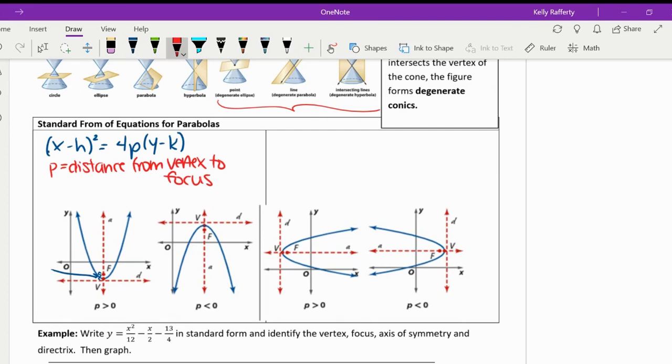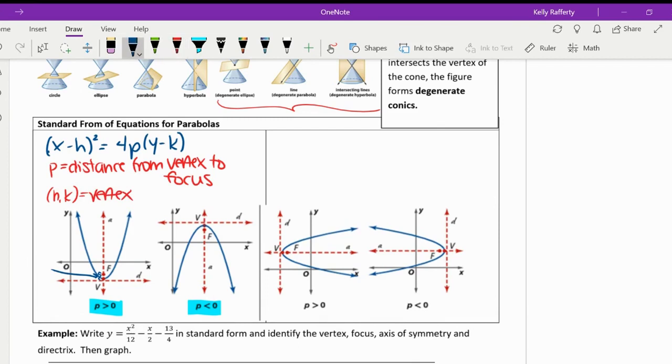All right, and then down here we'll see that if p is positive, our parabola opens up, which we're probably used to seeing like a regular x squared parabola. And if p is negative, our parabola opens down. All right, another important thing to note in this is that (h, k) would be the vertex.